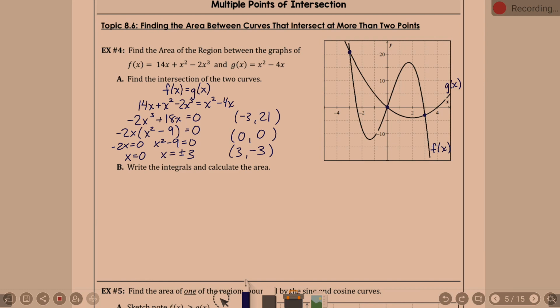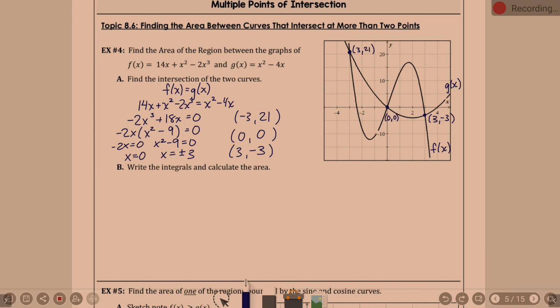Okay, so we have 3, negative 3. We have 0, 0. And that right there was an important reason. It's actually 21, isn't it? Not 20.